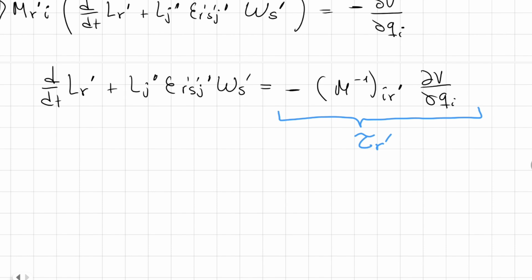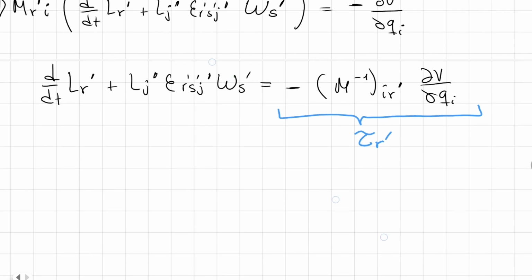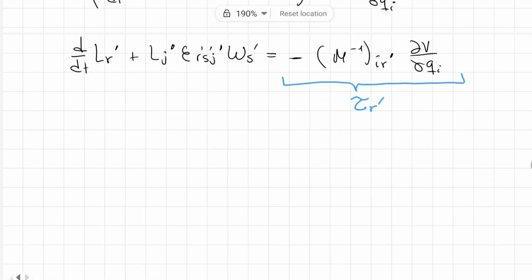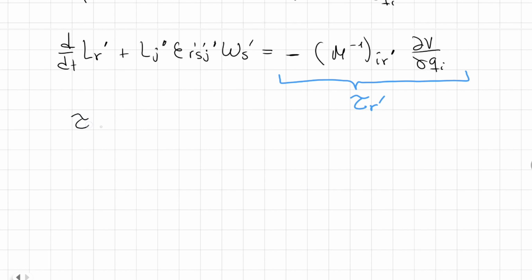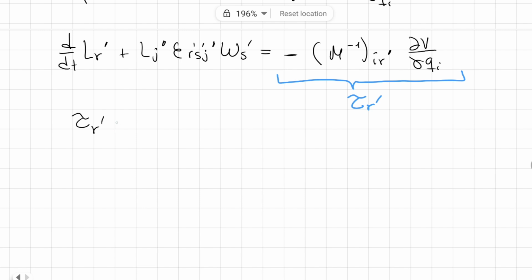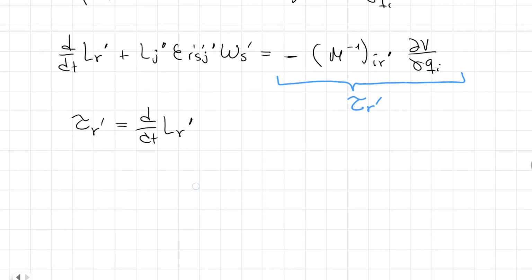Yeah. So that is what we need to define to be able to establish the equation that tau r prime is going to be equal to the derivative with respect to time of the angular momentum components plus epsilon_{jrs} ω_s L_j. So what is this telling us?